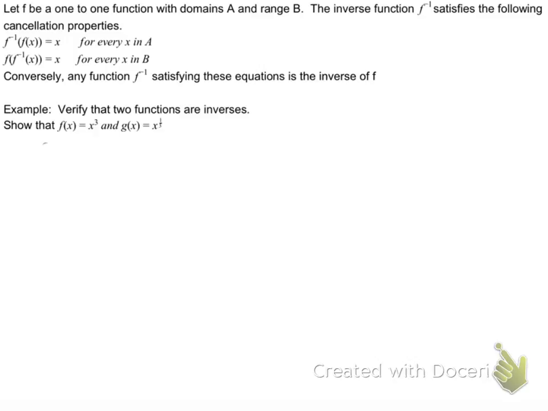This is something we've done in Algebra 2 and Geotrig, and I'll read it and then I'll make it larger so you guys can get it easier off the board. It says if you let f be a one-to-one function with domain A and range B, then the inverse function, f inverse, satisfies the following cancellation properties. And it states that you can put one inside of the other.